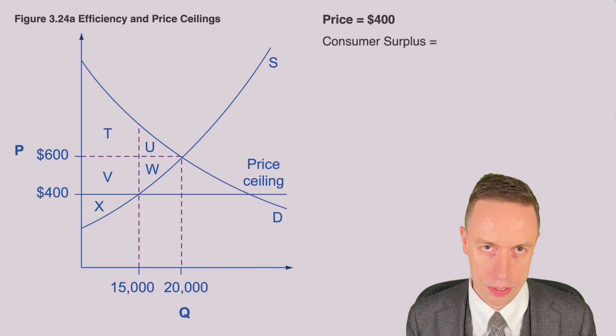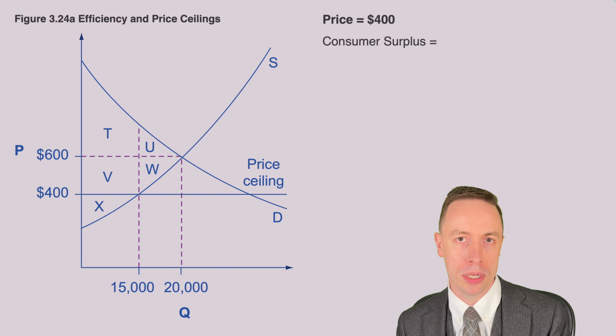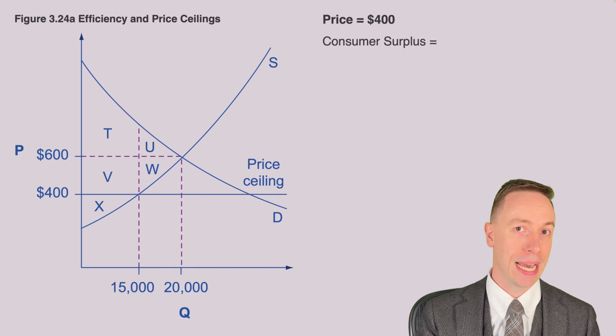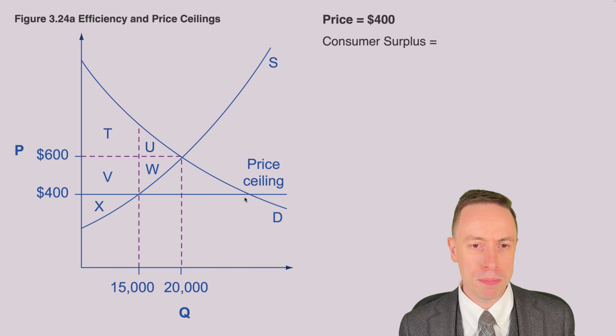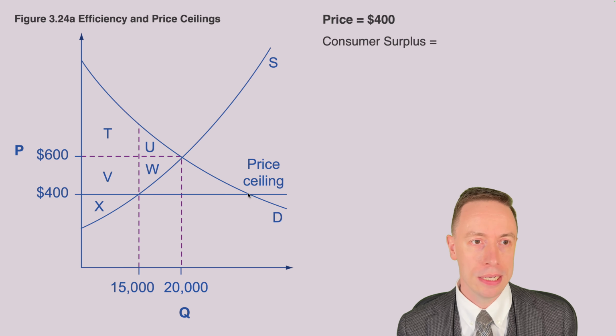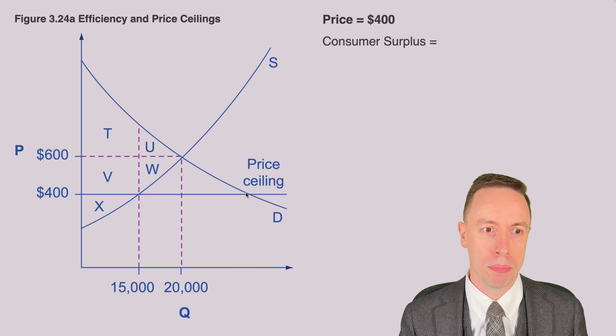But not so fast. Consumer surplus only happens if buyers can actually buy the product. And as I mentioned before, can this many buyers buy? No, we're limited by the quantity supplied.